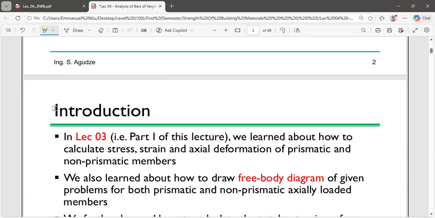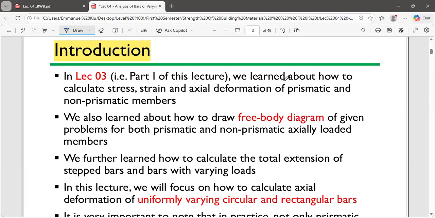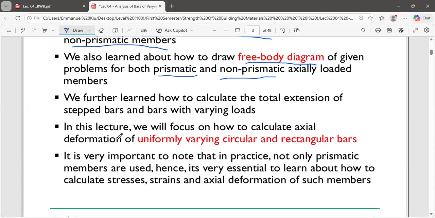In our introduction, in lecture 3, we learned how to calculate stress, strain, and axial deformation of prismatic and non-prismatic members. We also learned how to draw the free body diagram of a given problem for both prismatic and non-prismatic axially loaded members.